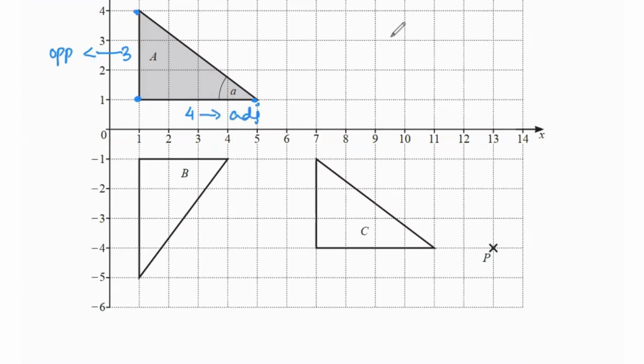So we can easily use tangent. Tan A equals 3 over 4. So angle A equals tan inverse of 3 over 4, which is equal to 36.87 degrees. That is the value of angle A.